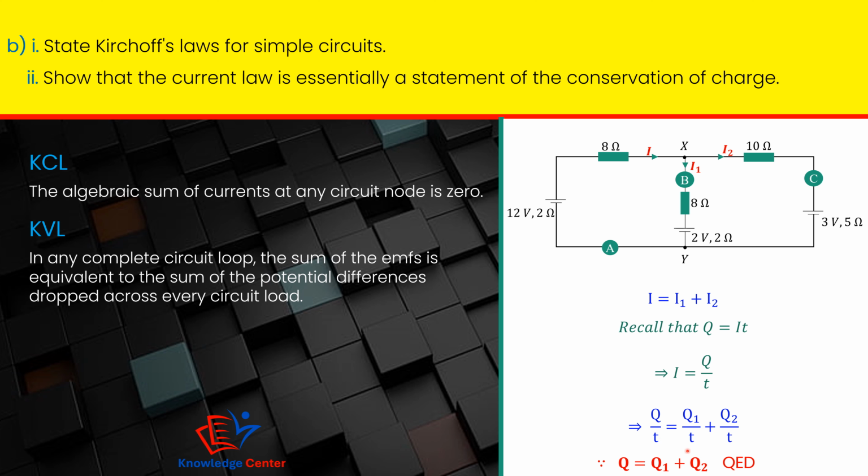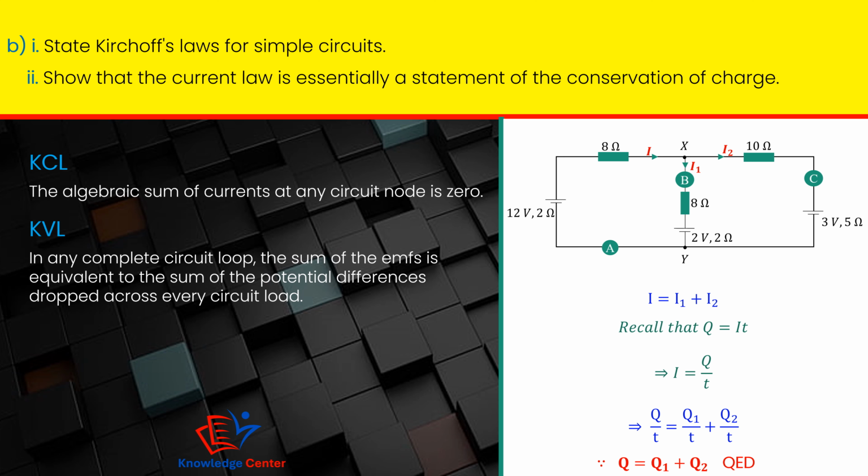So if we simplify this equation, we multiply all through by T, you realize that our Q would simply be Q1 plus Q2, which means that Kirchhoff's current law is effectively the law of conservation of charge. We can also do the same for Kirchhoff's voltage law to show that it's effectively the law of conservation of energy. That can be your little assignment. How about you go ahead and try that, and you can leave a comment in the comment section below if you've been able to prove it, right?